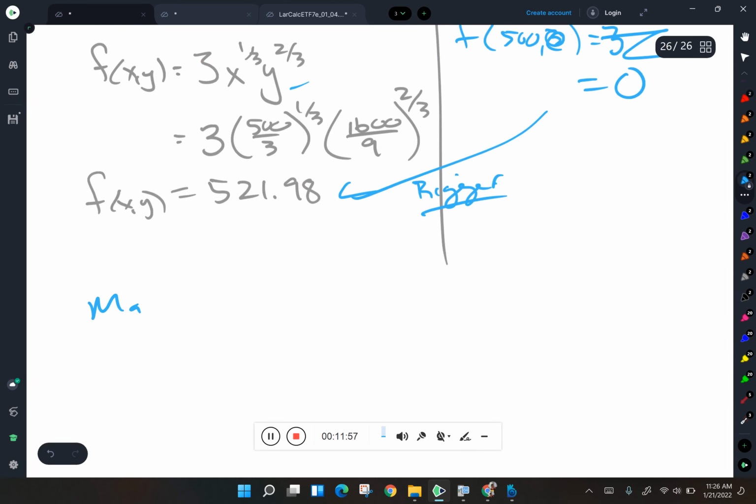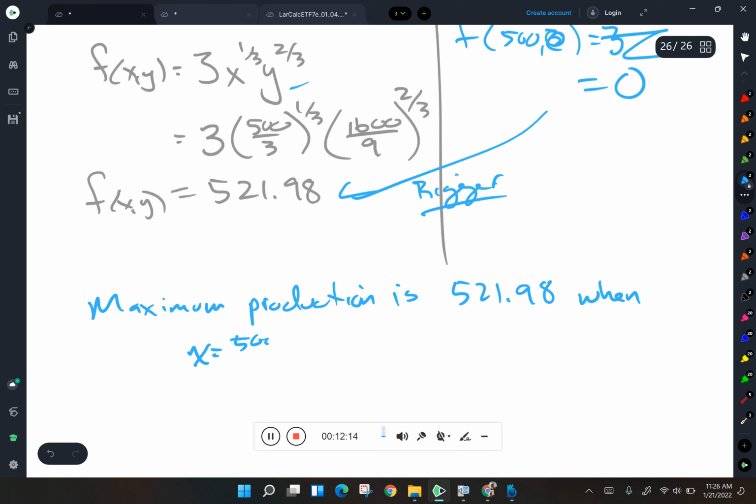So the maximum production is 521.98, and I'd round it wherever they tell me to round it, when x is equal to 500 divided by 3 and y is equal to 1600 divided by 9.